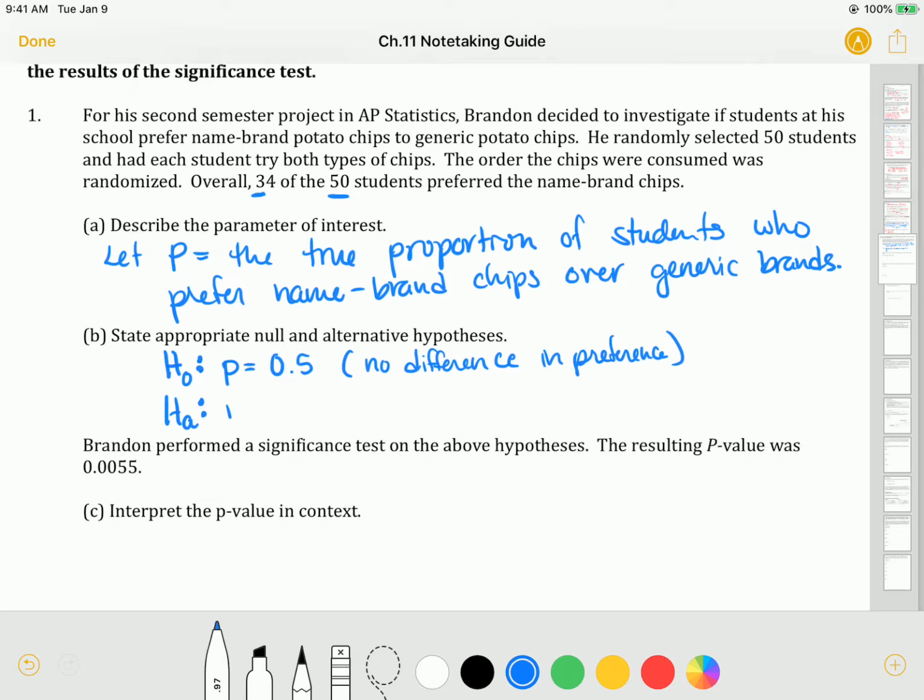But for the sake of this example, since the way we wrote this up, the true proportion of students who prefer name brand chips over generic, let's go ahead and test to see if P is greater than 0.5. So that would mean that more kids like name brand over generic, okay? So more like name brand.